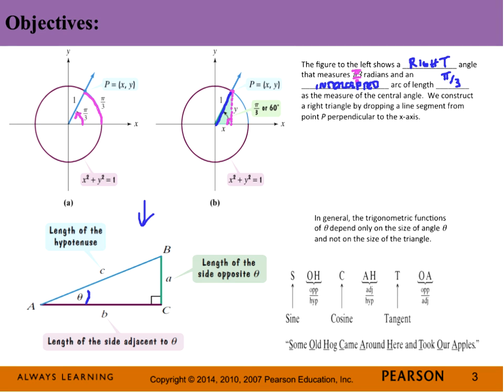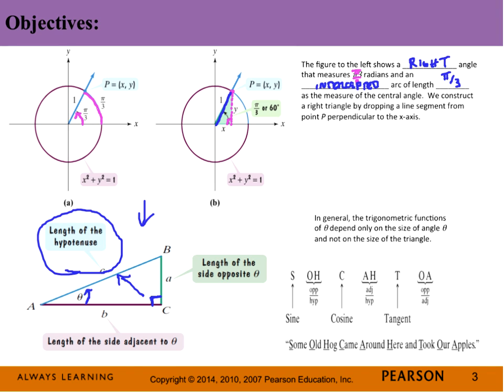So we have angle theta, which, if it were still on the unit circle, would be our central angle. Each of these sides of the triangle can be related to this angle theta. The hypotenuse is always the side across from the right angle.